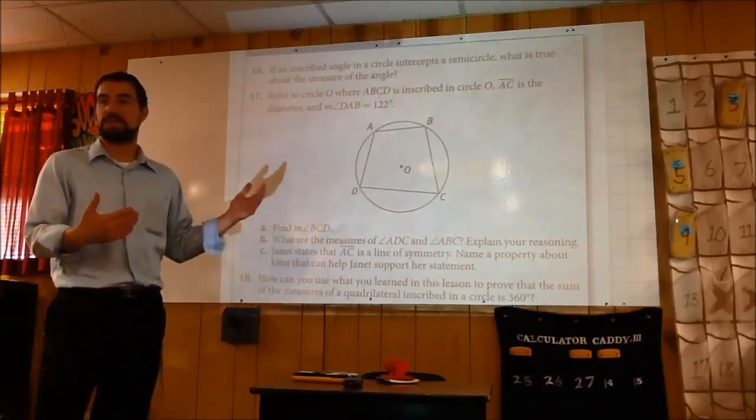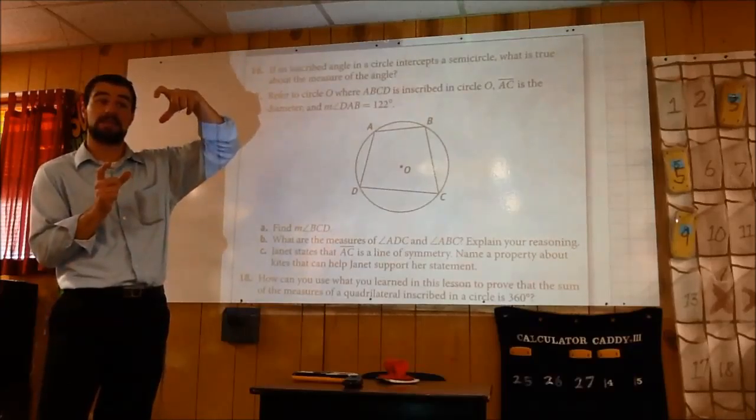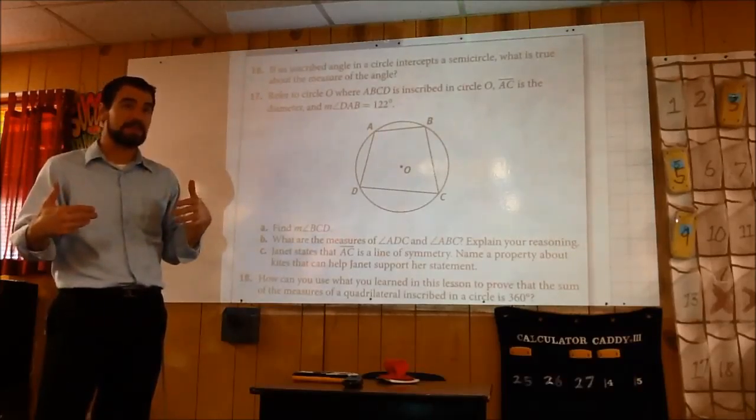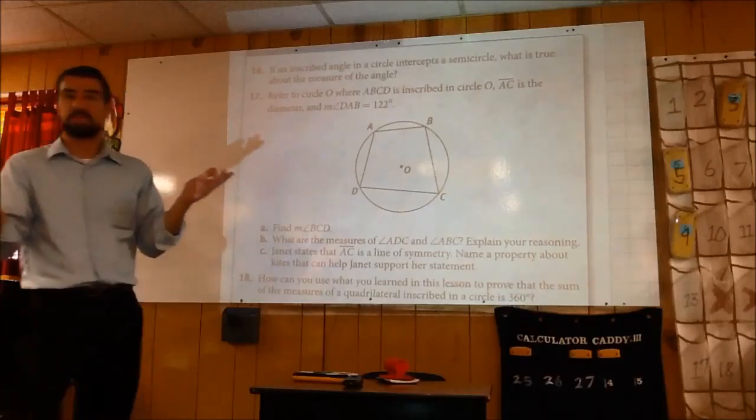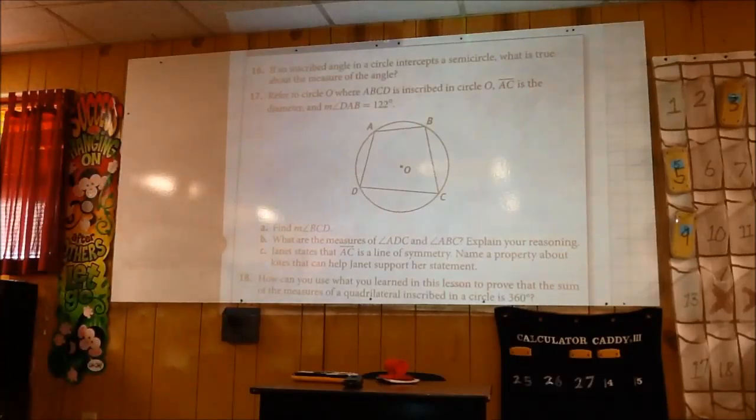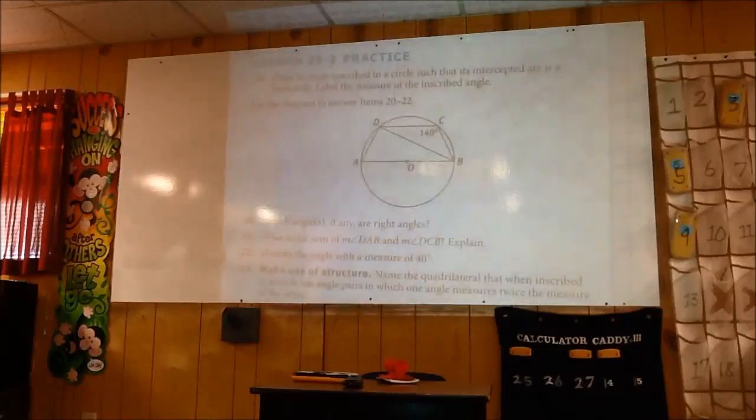The whole thing of what we just did, where we look at the opposite angles and they both intersect the entire circle. So that description that we just got done talking about. Other than that, were there questions on this page? Yes?